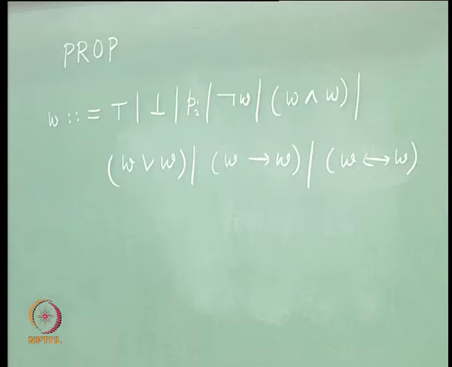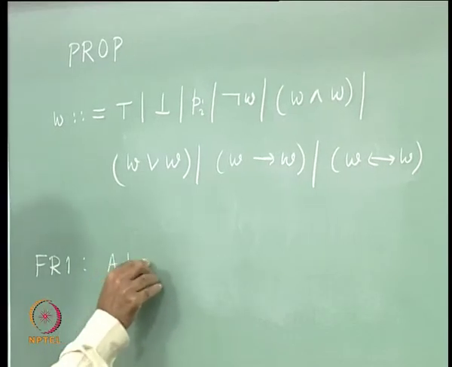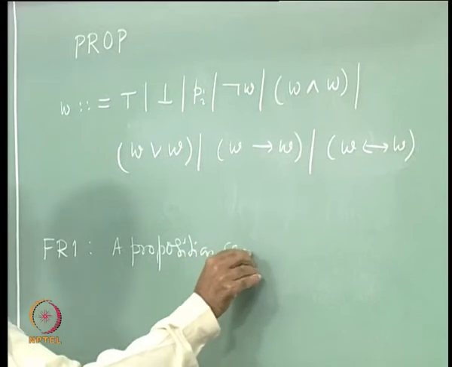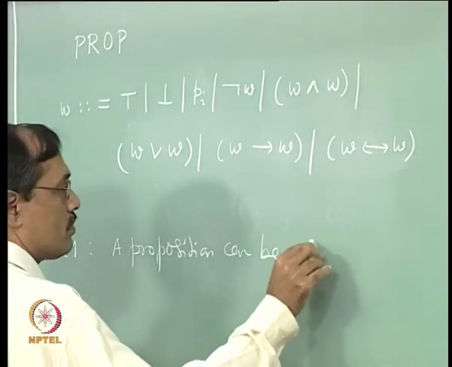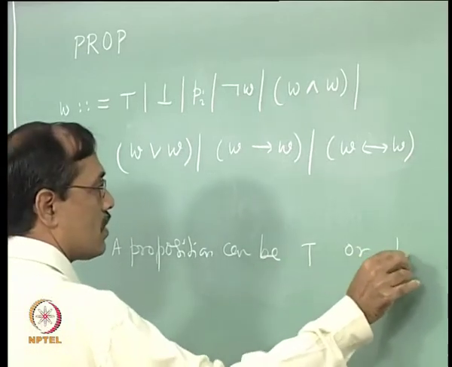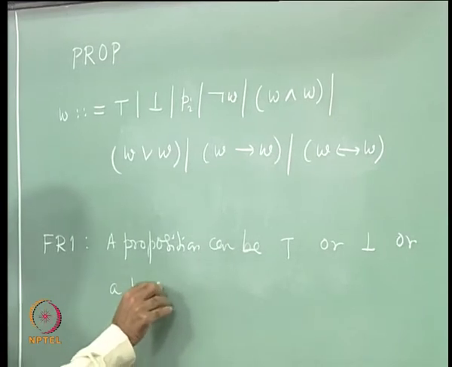So when you write it in terms of formation rules, you may have to write 4 or 5 sentences, but let us write it to make it clear. It says something like this. A proposition can be top or bottom or a propositional variable.